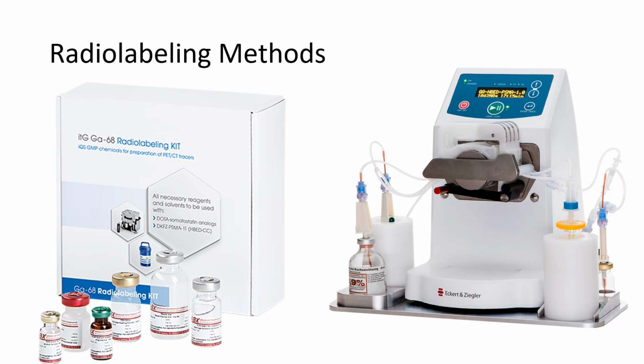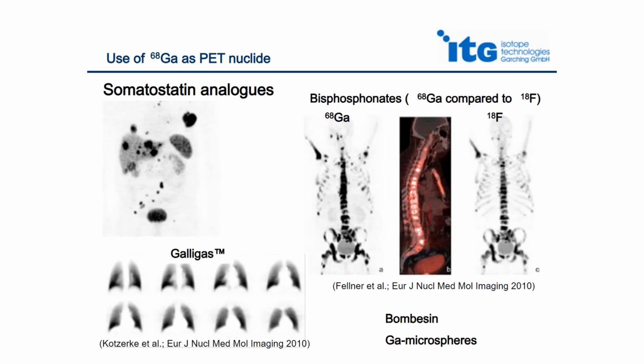This device here is what allows you to help tag those radionuclides. So the use of gallium-68 for PET imaging: the somatostatin analogs look for neuroendocrine tumors. The gallium-68 PSMA agents will look for prostate cancer, and then not available in the US, but there's also Galligas, which is used to image the lungs.